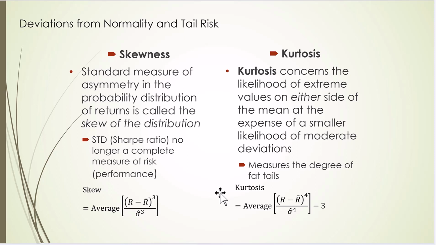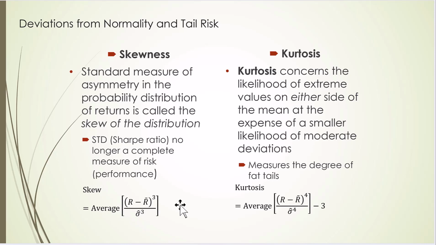So the formula, look down below, it looks kind of similar to the standard deviation definition, except here we have the cube of the difference between return and the average divided by, again, the standard deviation, but now it's cubed. Then we take the average of that, that gives us skew.